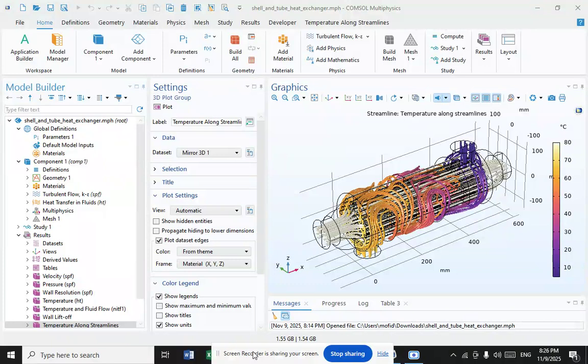Some design types of shell and tube heat exchanger are fixed tube sheet, floating tube sheet, U-tube, condensers, kettle reboiler, stack type heat exchanger, and evaporator. And the third one is the plate heat exchanger.